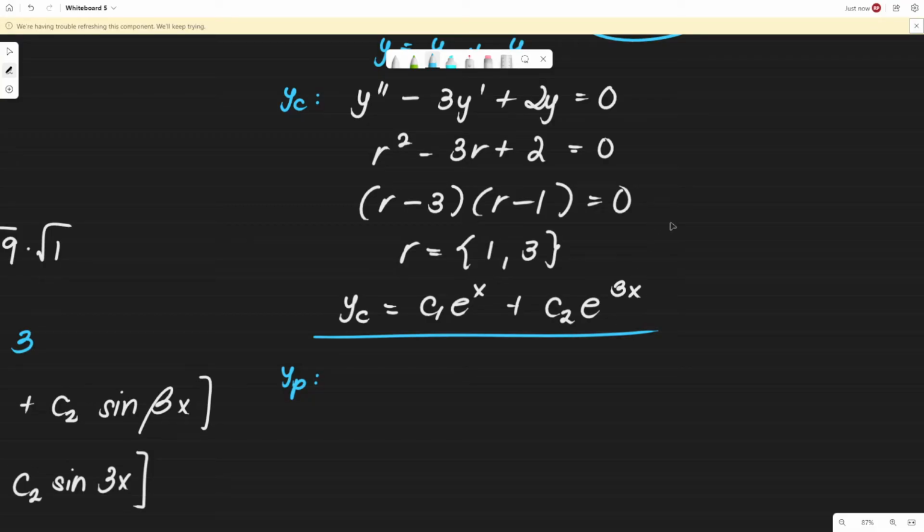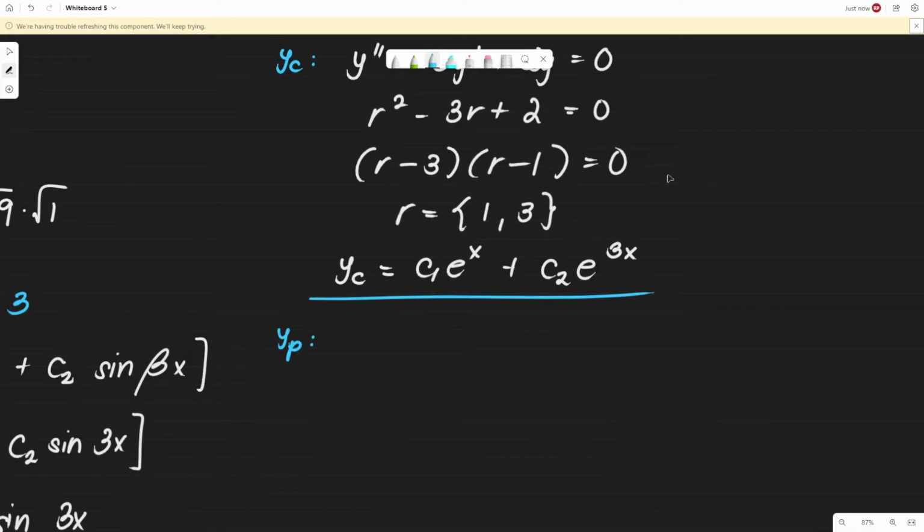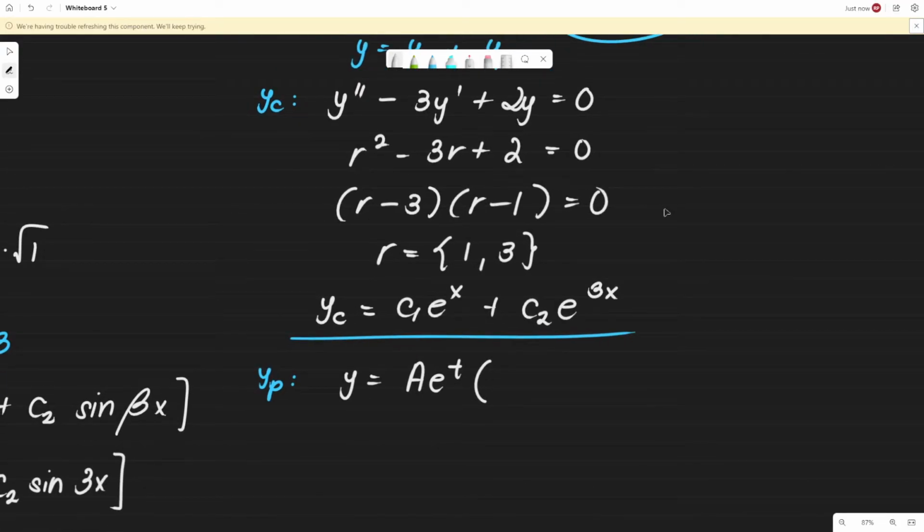So here it is just e raised to t, so I can just put y is equivalent to a e raised to t, multiplied to cosine t, plus b, copy it again since you still have sin t, e raised to t sin t naman dito sa kabila.